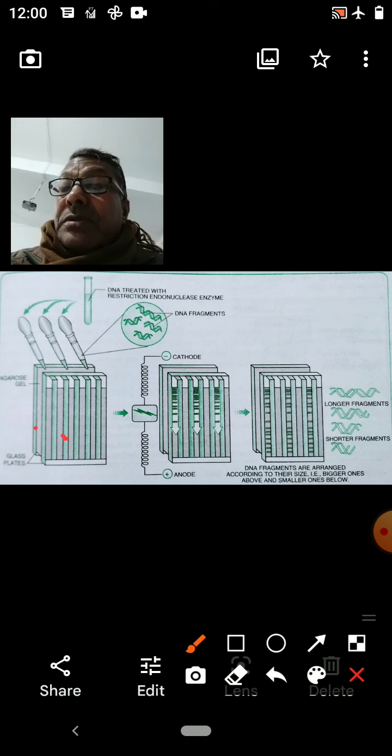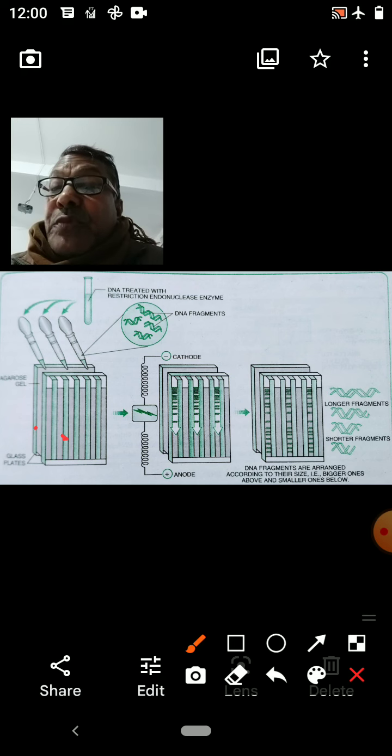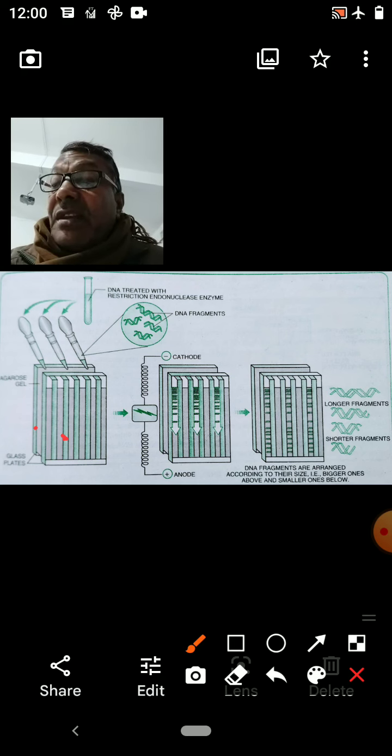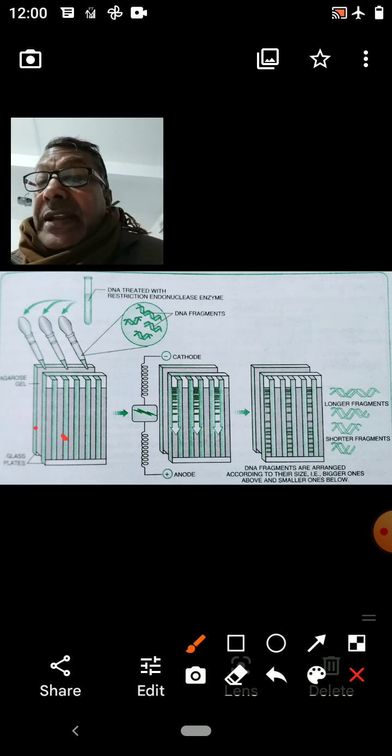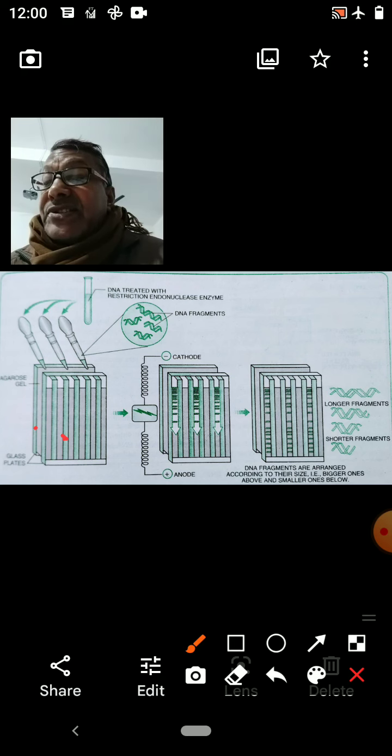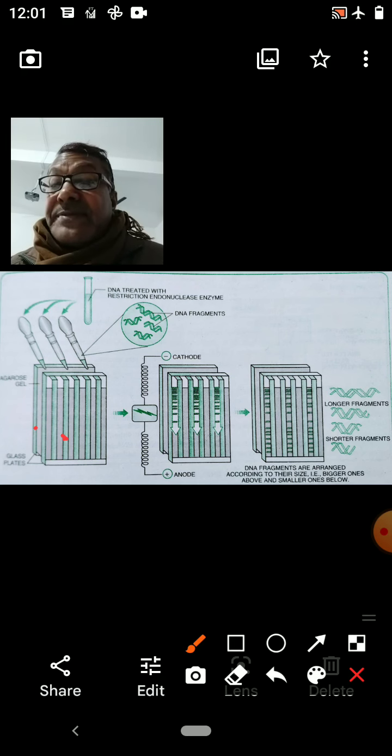And now the DNA which has to be separated is isolated. For DNA isolation, genomic DNA is extracted from the cell or from the tissue, and after that it is digested with specific restriction endonuclease enzymes.